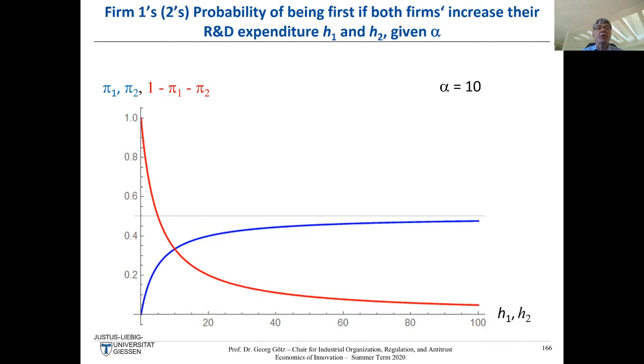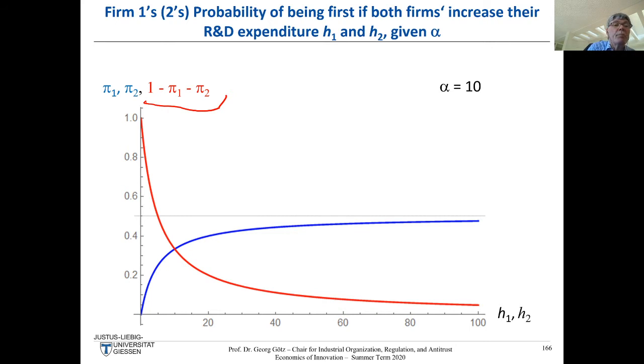That's what's depicted on the next slide here. Here I also wrote down the probability that no one is successful. Just think in terms of our COVID-19 vaccines. You have 2 firms investing, and if they invest a lot, their probability to be successful will increase.